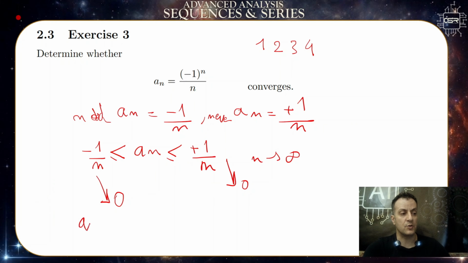Therefore, a_n also approaches 0 as n approaches infinity.